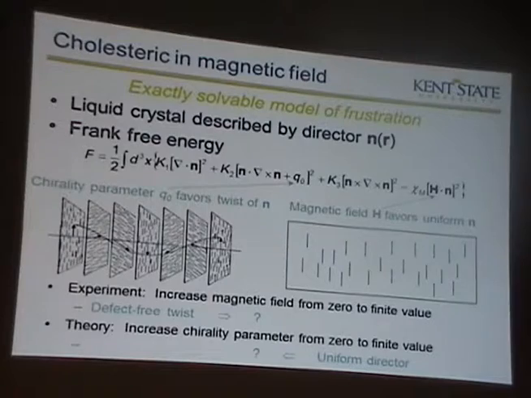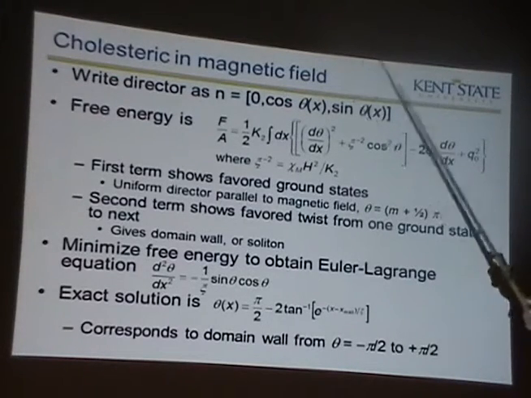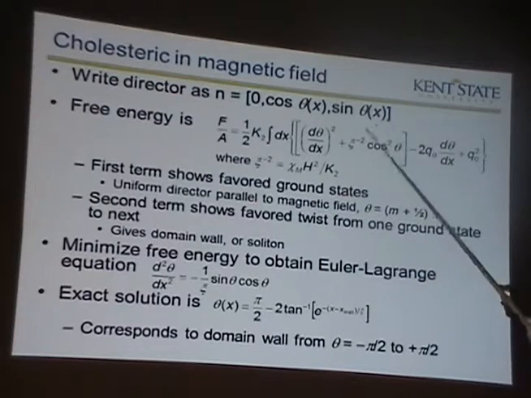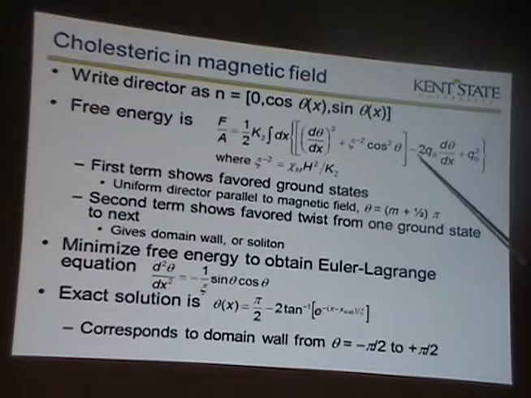So what do we do then? Well, we could write the director in terms of some angle, theta of x, and then work out the free energy in terms of theta and its derivatives. If we arrange the terms like this, then the first part shows the ground states that are favored by the magnetic field.